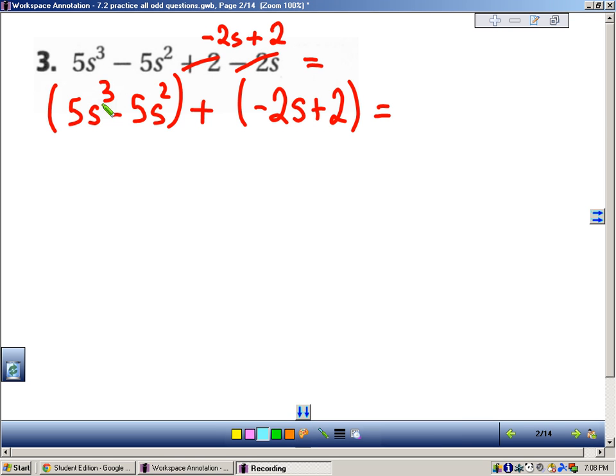Identify the GCF in the first grouping. Five, and s squared, lowest power.